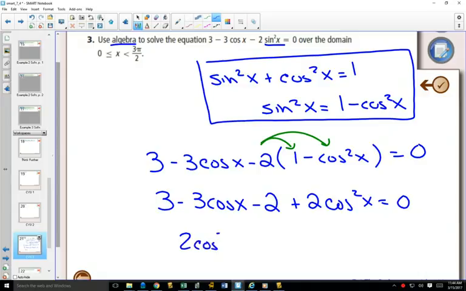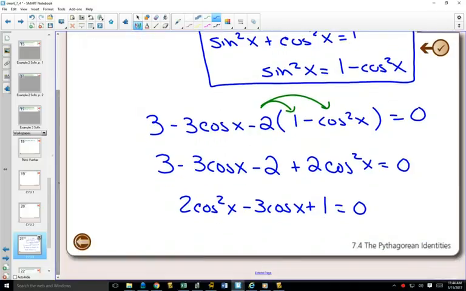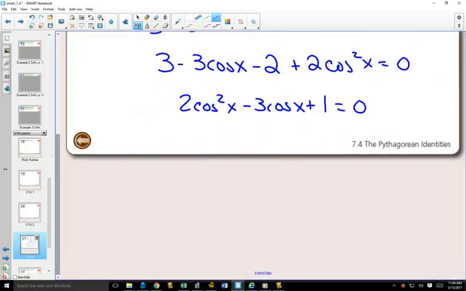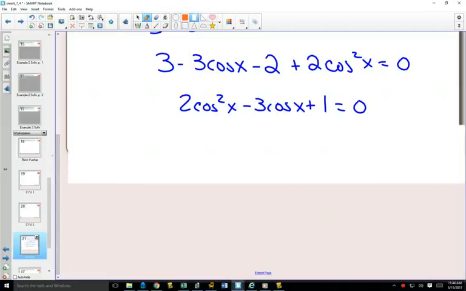Either way, I like to write it with my cos squared first. I see that 3 minus 2 is 1. And so I can set this up, a plus 1. Set this up so that if I could factor it, then it's in a form that's nice to factor.